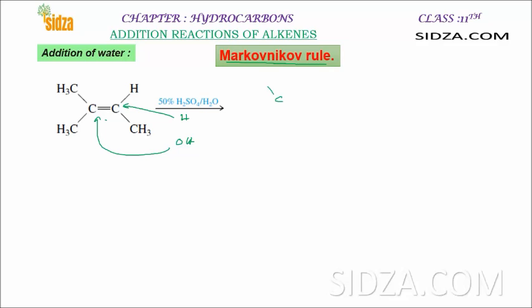So you get a product like this: CH3, CH3, OH on this one, and this particular carbon gets one more hydrogen, so you get this product here. Again, the addition is as per the Markovnikov's rule.